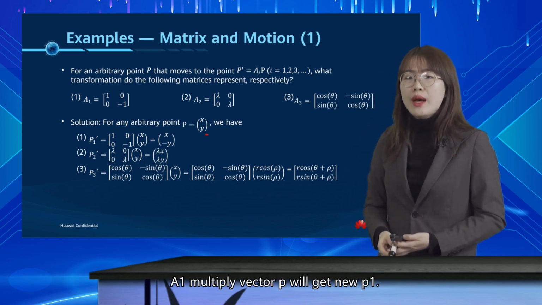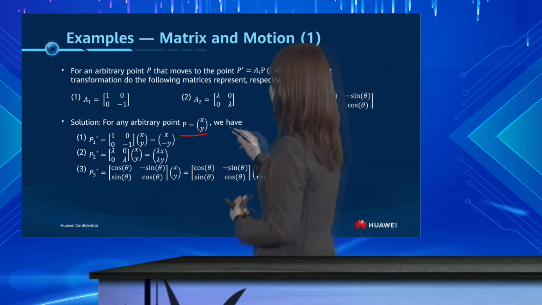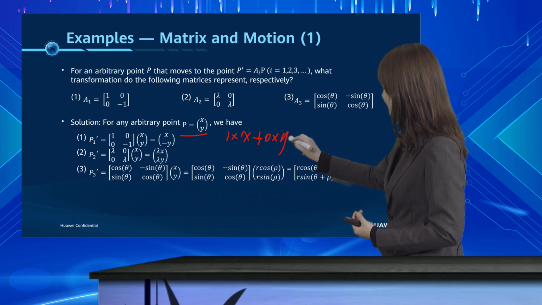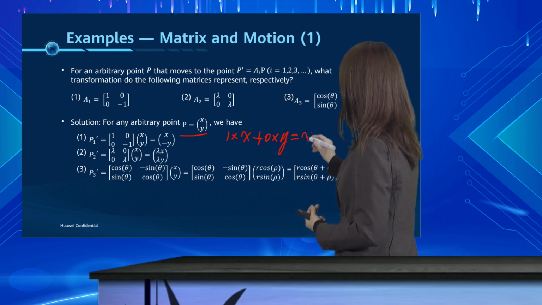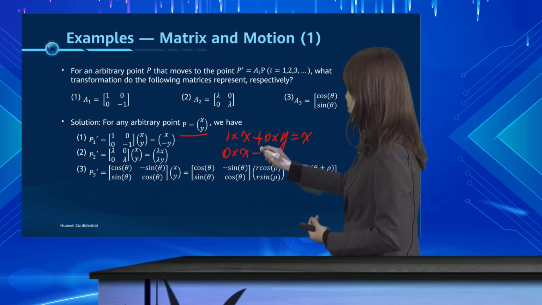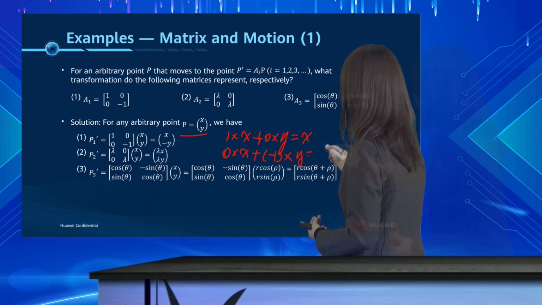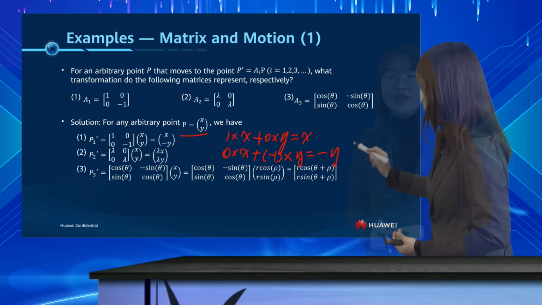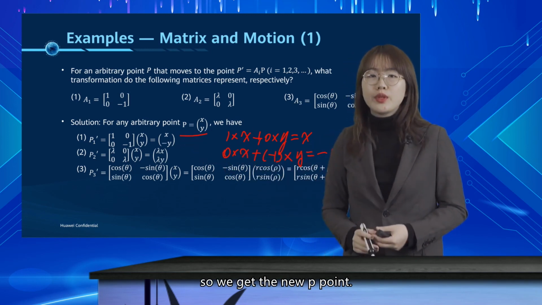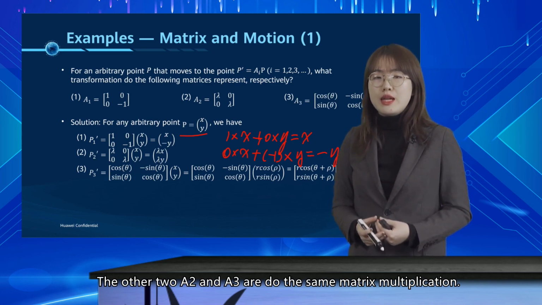For example, A1 multiplies the vector P, so we get the new point P, X minus Y. The other two, A2 and A3, do the same matrix multiplication.